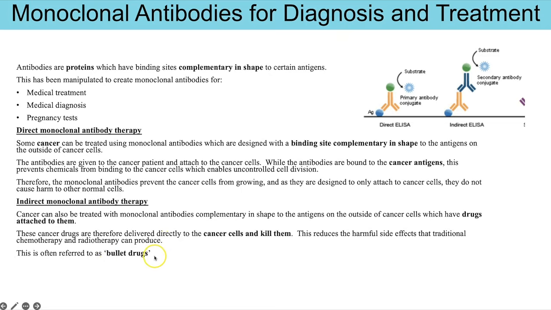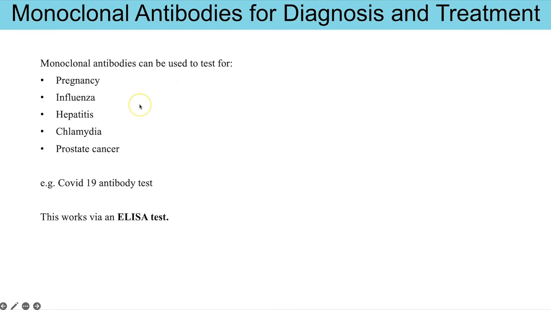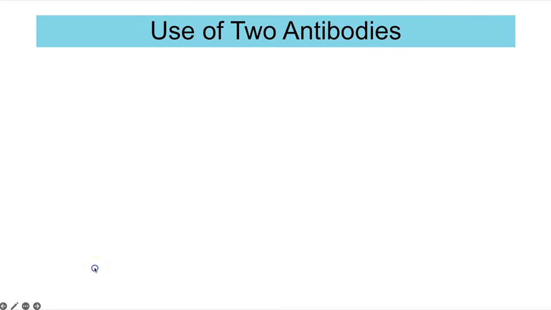This is often referred to as bullet drugs, and that is because it delivers the medicine directly to the site that they're needed. So the other things that we talked about were it could be used in pregnancy tests and for diagnosis. So it has been used to diagnose influenza, hepatitis, chlamydia, prostate cancer, and even more recently in those COVID-19 tests as well. And this is all working via an ELISA test.